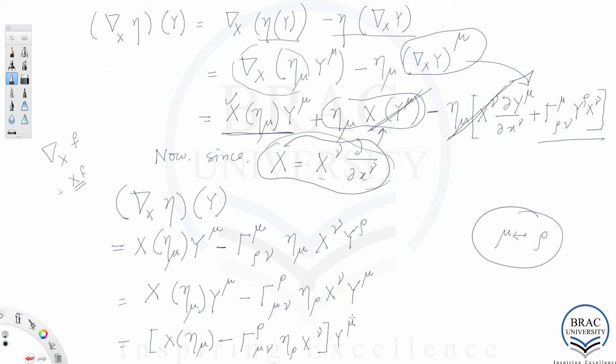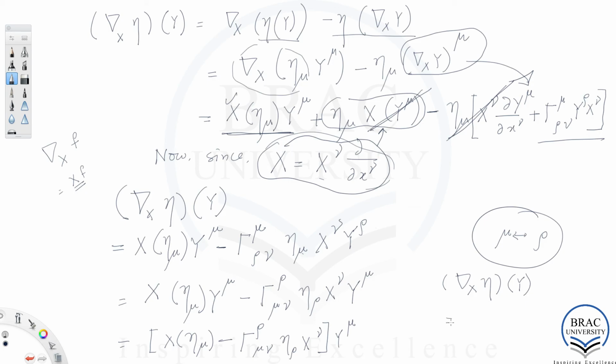Now it is supposed to be what? This guy. See that nabla x eta is a one form, and that is acting on this vector field to give a scalar function, right?